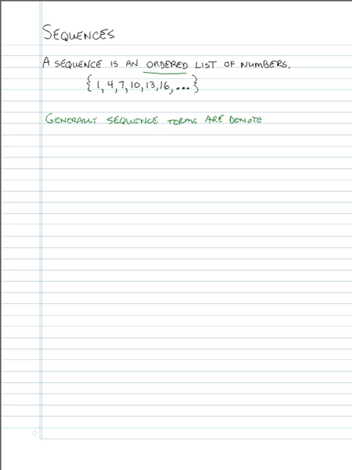Usually we don't actually write out a list like this. We have a way to refer to the first entry, the second entry, the third entry, the fourth entry, and so on.